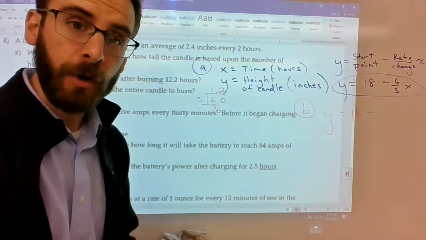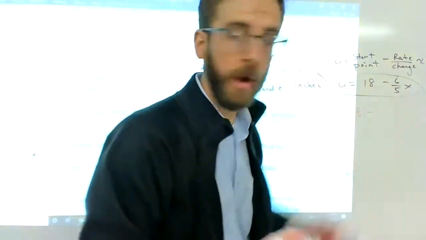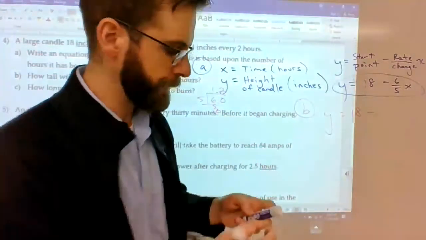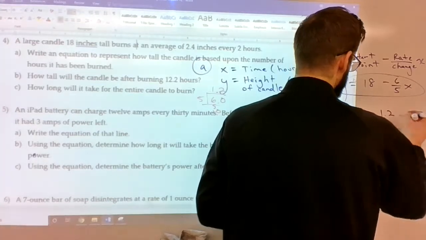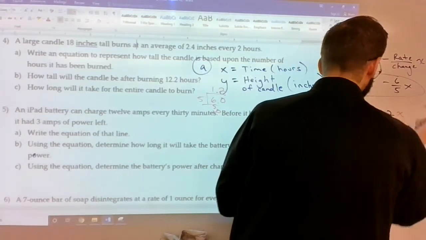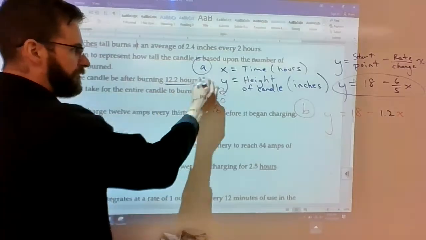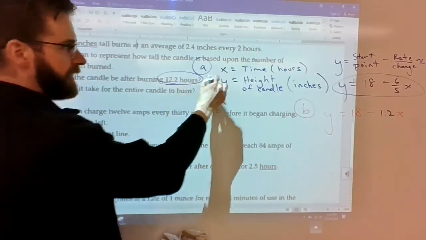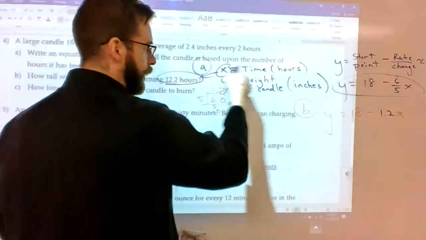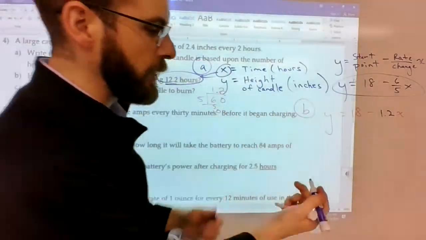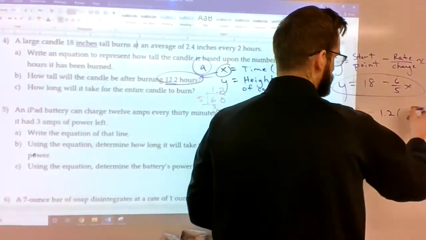So I'm going to replace 6/5 with 1.2. And now 12.2 hours is the given. X is hours, so we're going to plug in x equals 12.2.